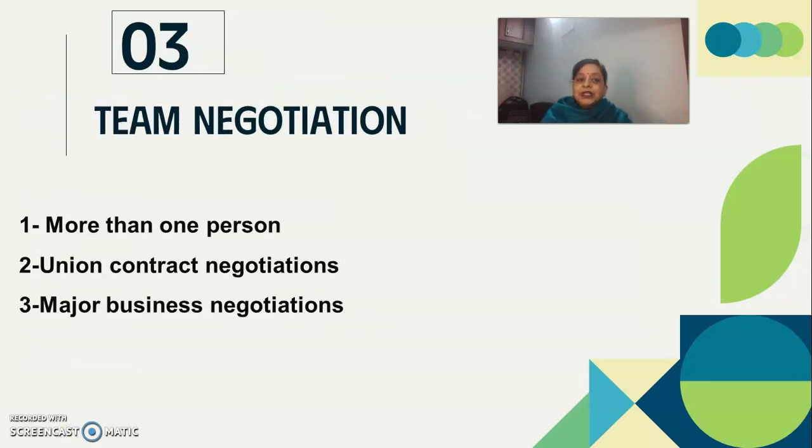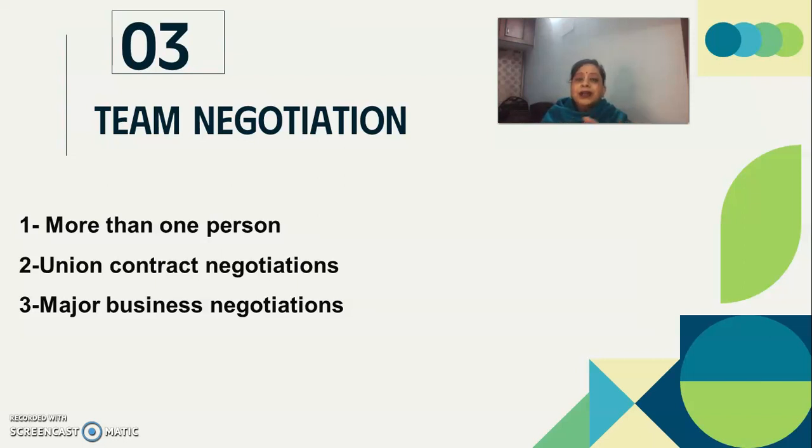It can be a little distributive and a little integrating, putting everything together and reaching a solution. Third is team negotiation. Again, the name itself says that there is more than one person involved. Not just one person sitting and discussing, but a team of people, and it gives people more opportunity to be creative, critical, and to have diverse viewpoints on the table and discuss the options clearly and nicely.